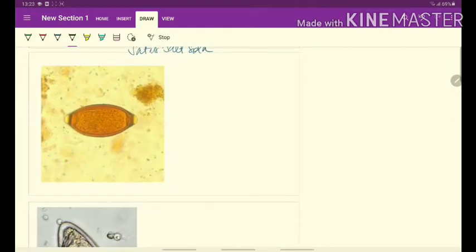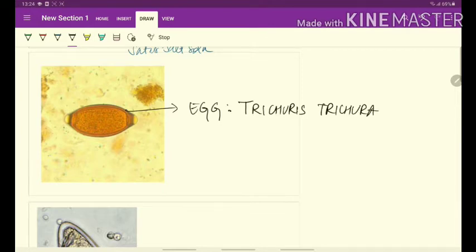Next picture. This image shows the egg of Trichuris trichiura. It has a characteristic barrel shape.